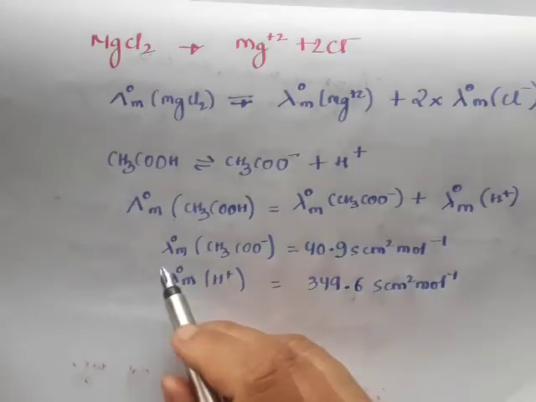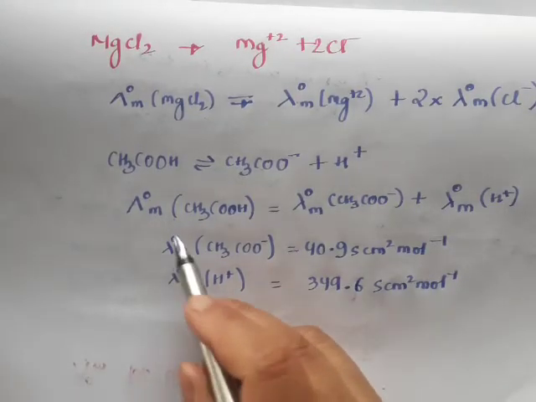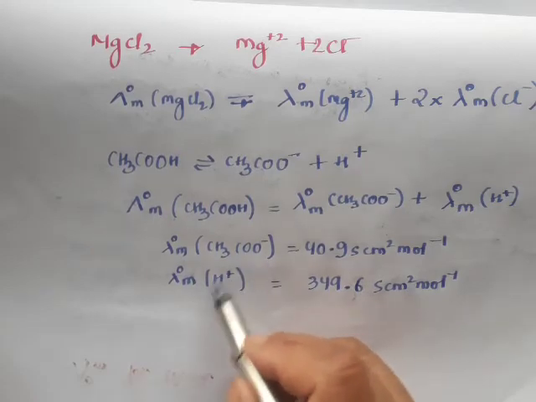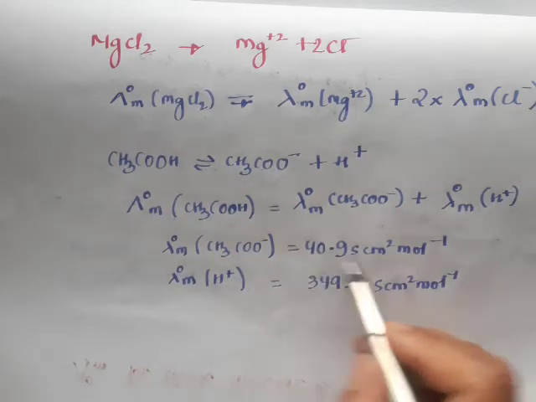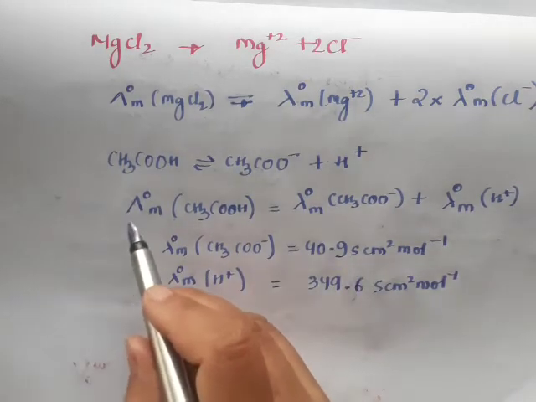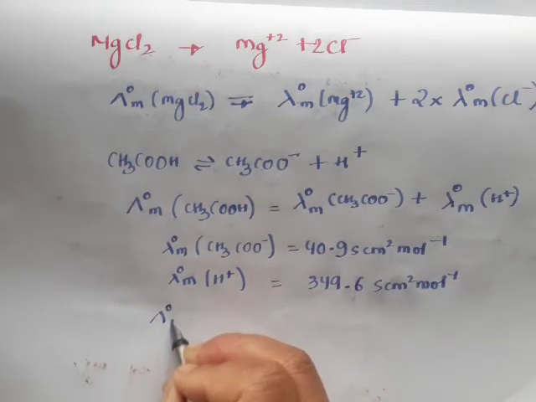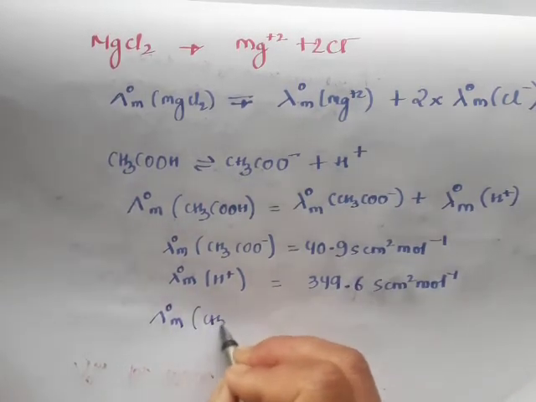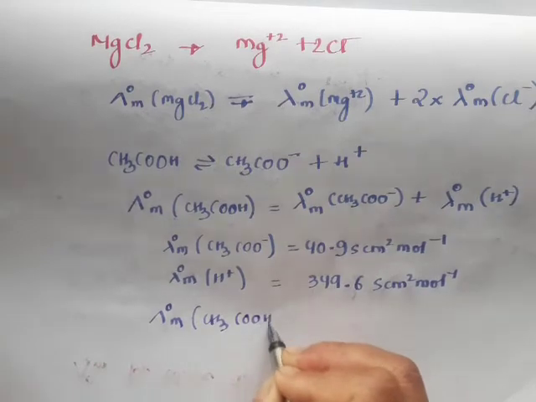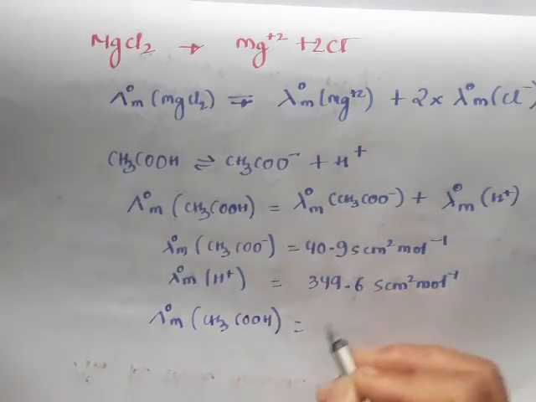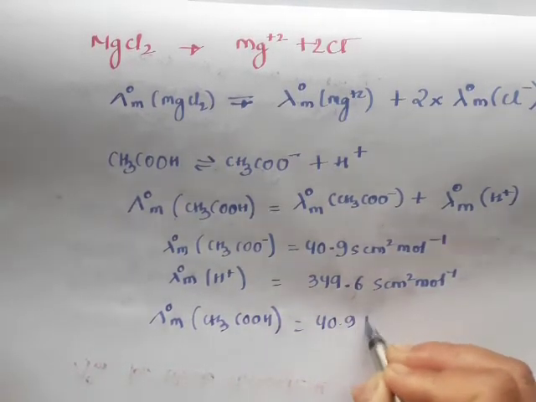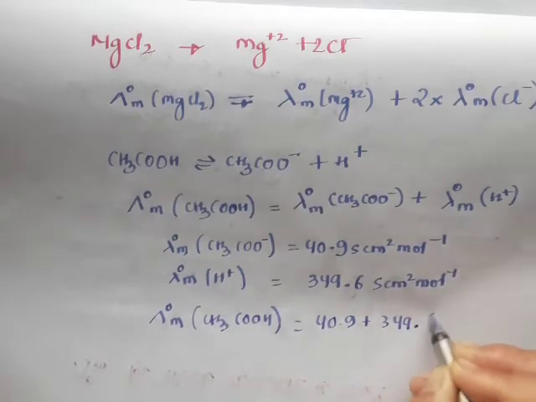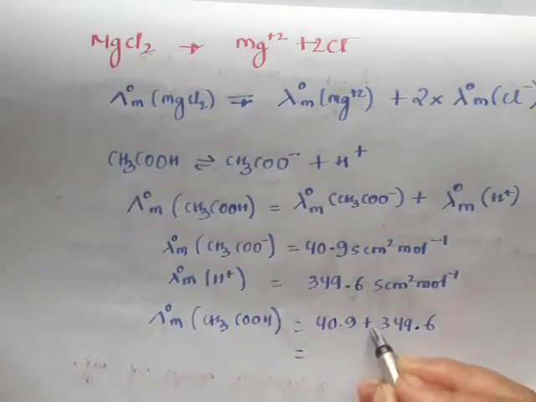These are the molar ionic conductances of the acetate ion and the hydrogen ion, and the values are given. So the value of lambda naught m for acetic acid is the sum of these two: 40.9 plus 349.6.